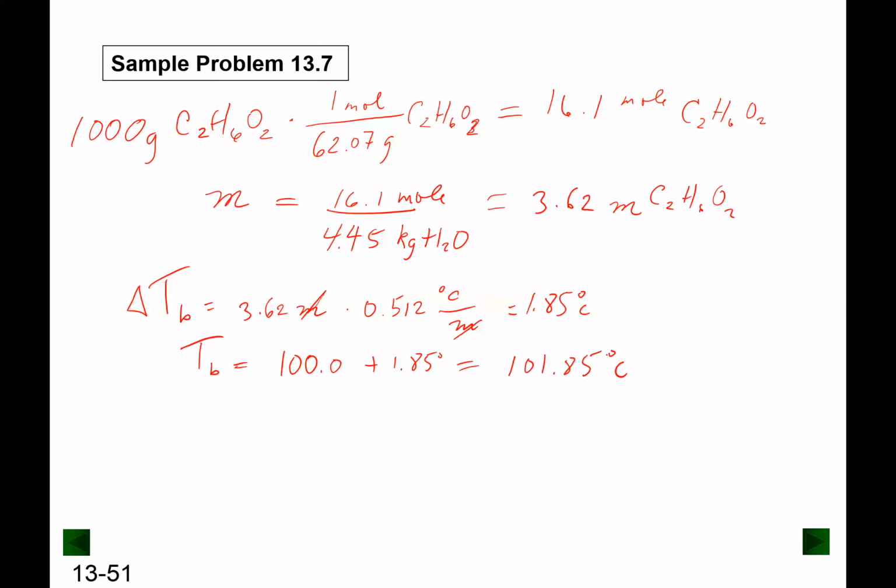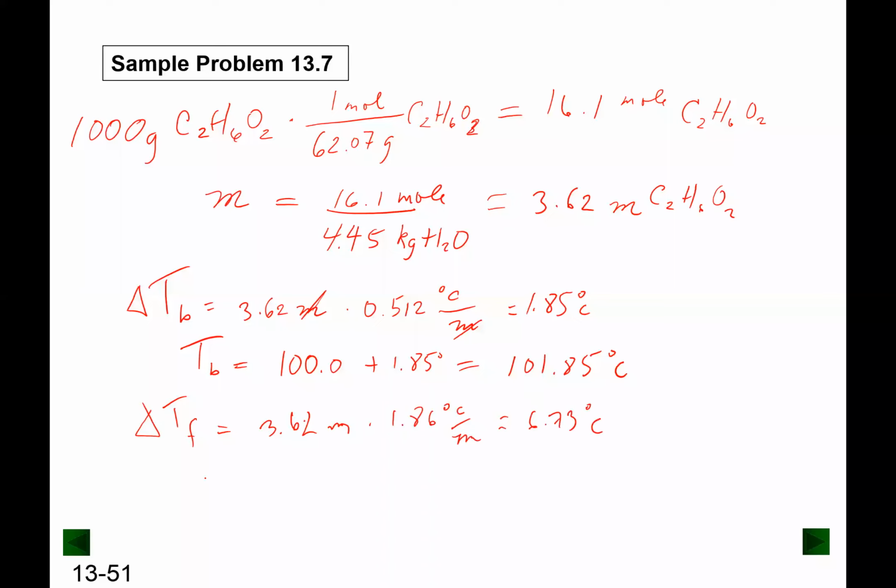That would be our elevated boiling point. And to get our delta T F, we're going to do the same thing. 3.62 molal times, now here we're going to use our freezing point depression constant, which is 1.86 degrees Celsius per molal. That gives us a 6.74 degrees Celsius depression.